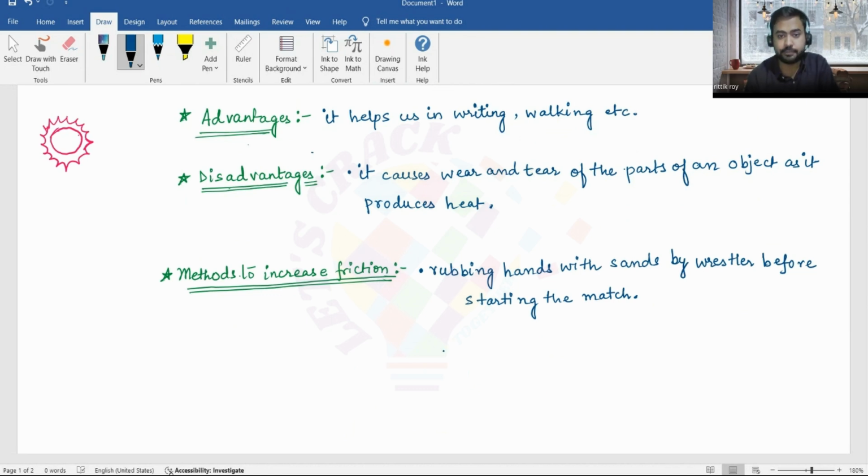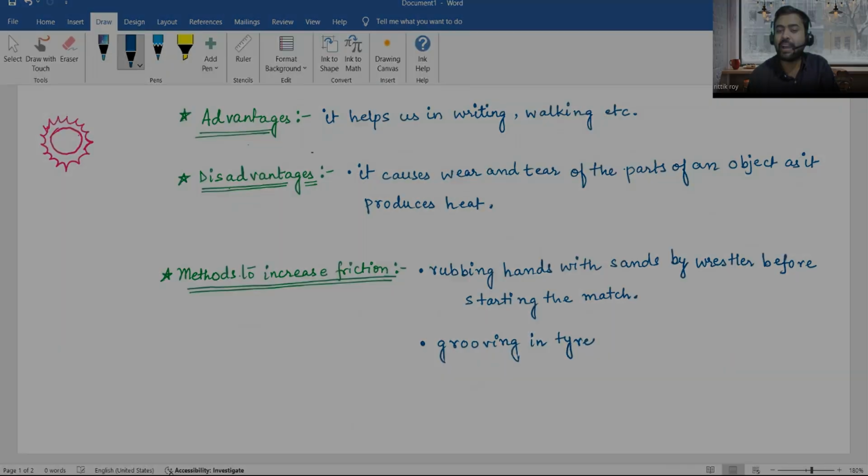Next is grooving in tires. Why are the tires grooved? The tires are grooved in order to increase the friction.